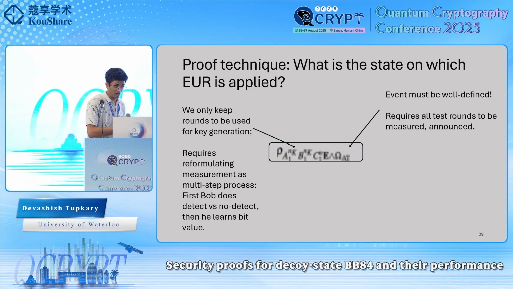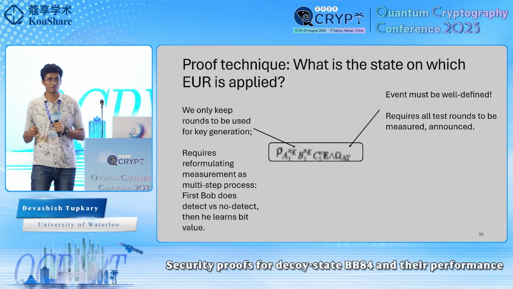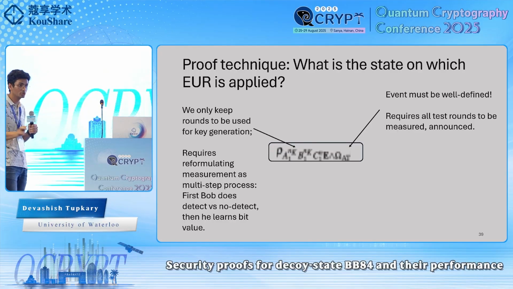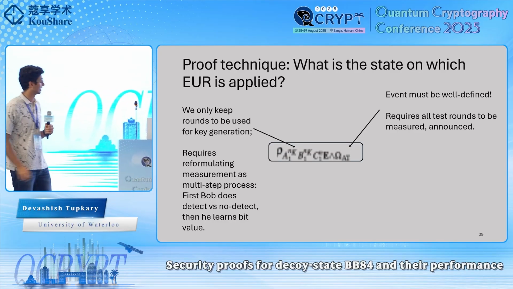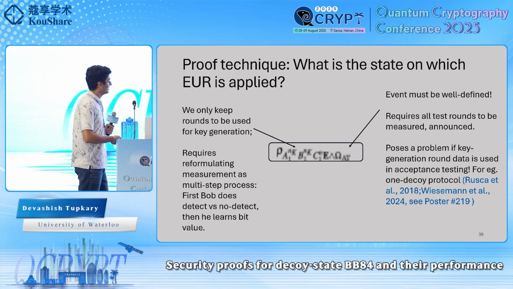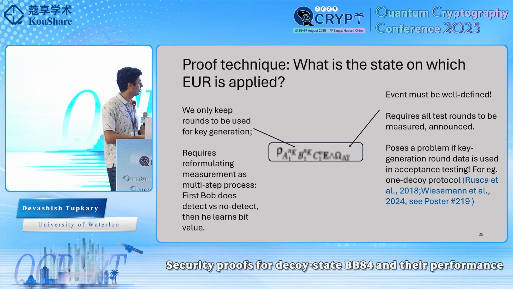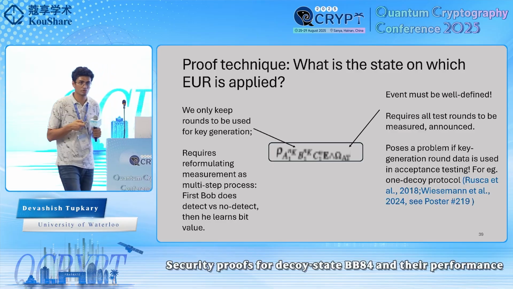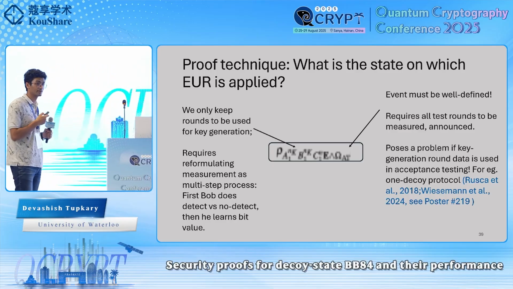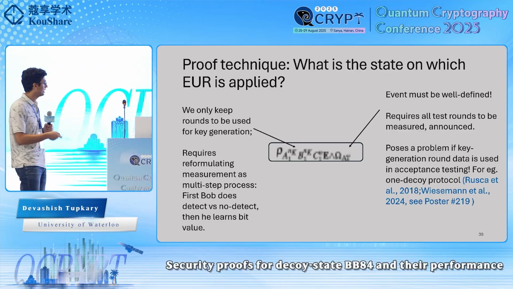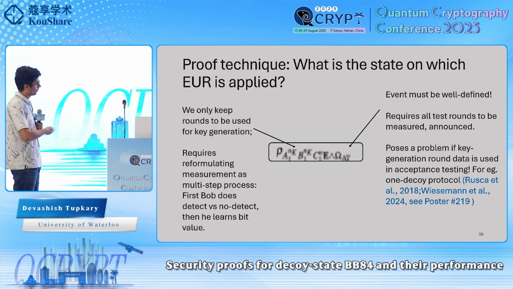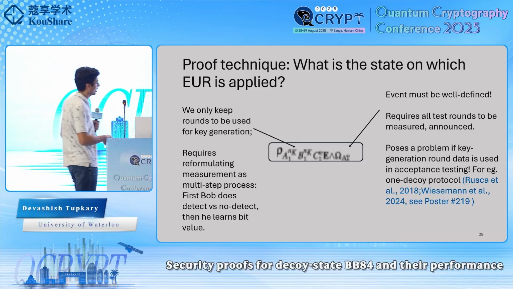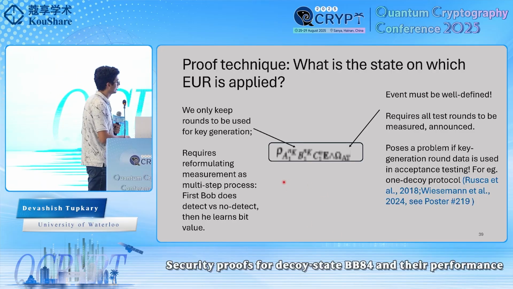Which means that all the testing information that we're going to use to accept or reject the protocol, all those measurements have to be performed and publicly announced. And this can pose a problem if you have information from key generation rounds that you're also using in order to decide your testing, right? So you might use Z basis for key generation, but if you're also using the measurement outcomes of those Z basis rounds to decide whether you accept or abort, then it's not clear whether you can write down a state like this, right?